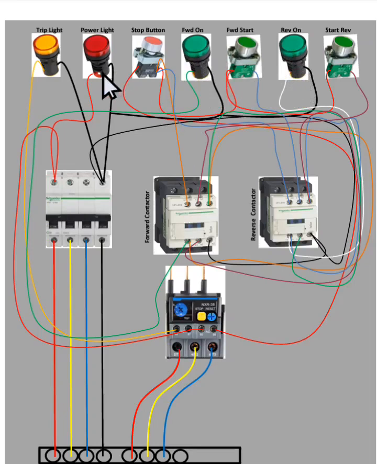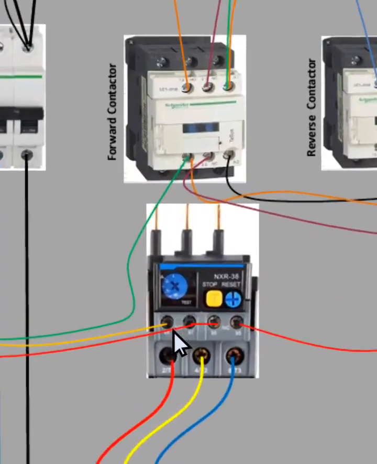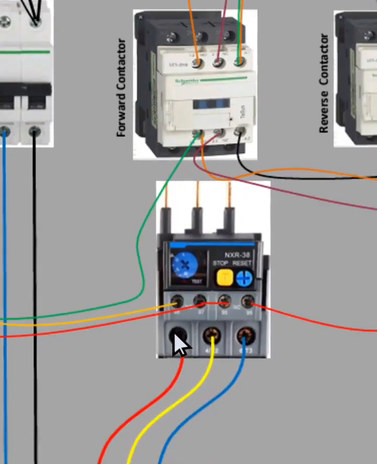Then this is the power light. When the breaker is switched on, the light comes on, telling us that there is power and we are ready to start. And this is the trip light, which comes on when the overload trips as a result of the motor current being higher than what is set. This part controls that trip light.